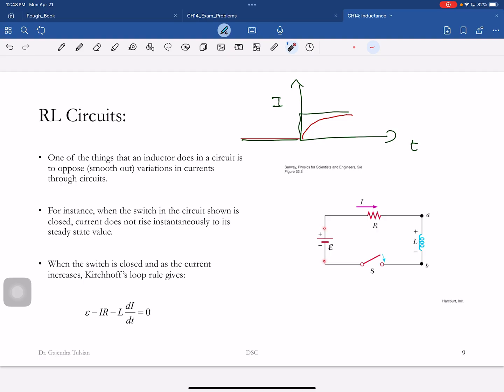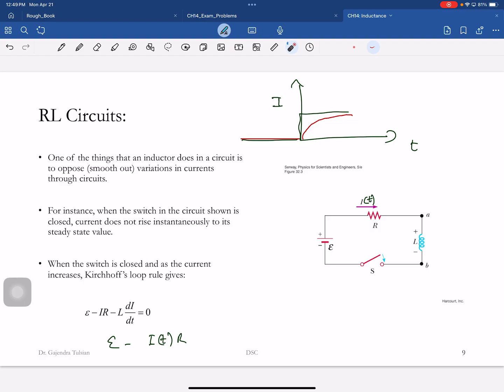You go across the battery, and the voltage change is plus E, the EMF of the battery. The current is flowing this way. Current is a function of time, and that's what we're trying to find. Current flows from high to low, so minus I(t)R. So E minus I(t)R.